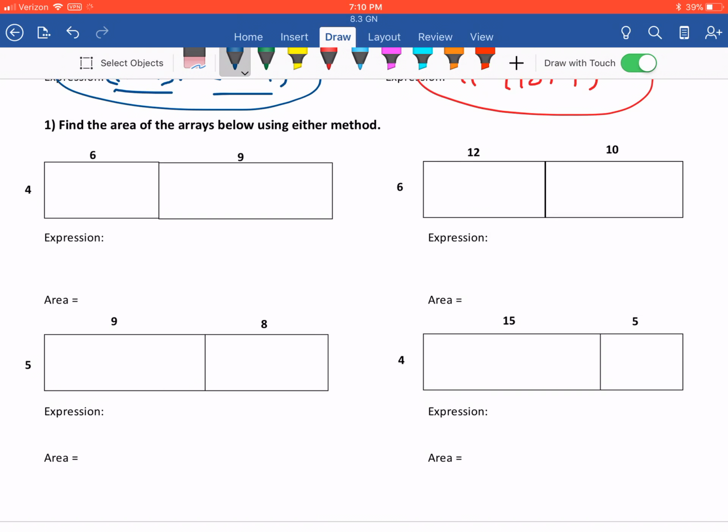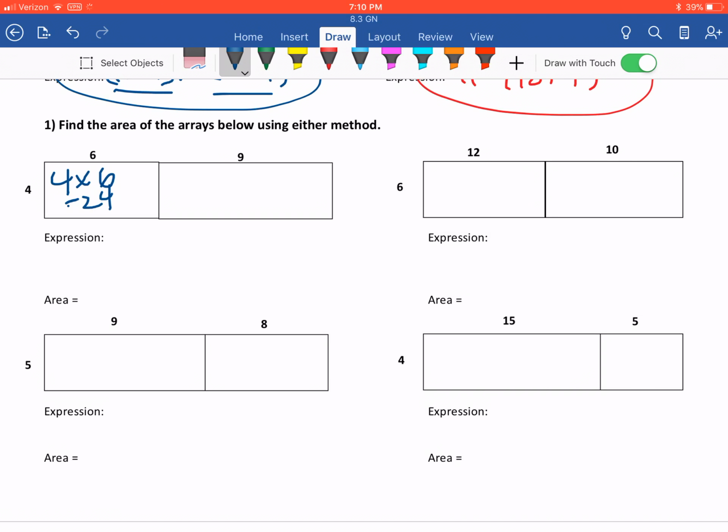Alright, so we're going to go ahead and start checking these. I'm going to do method 1 first, where I find them by pieces, and then method 2 second, where we add them together. So if we did method 1, then for this first box, we would have had 4 times 6, which is 24.